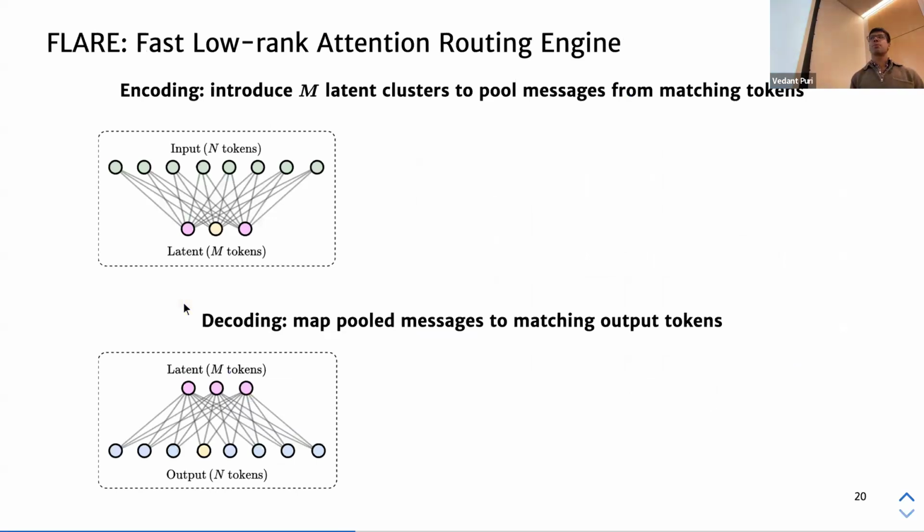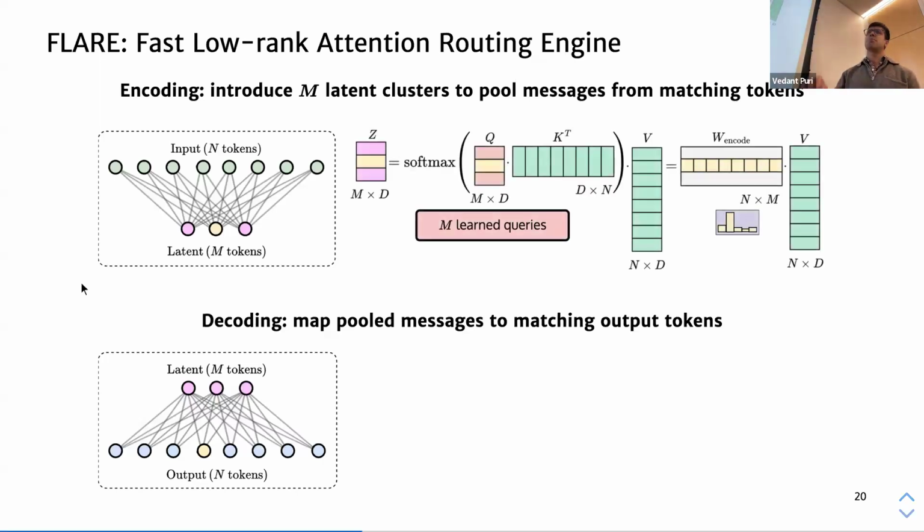All right, with that, we propose a method called FLARE, which stands for Fast Low Rank Attention Routing Engine, which we divide into 2 steps. First, we have an encoding step where we introduce M latent cluster tokens whose objective is to amass information from corresponding or matching input nodes via a dot product similarity.